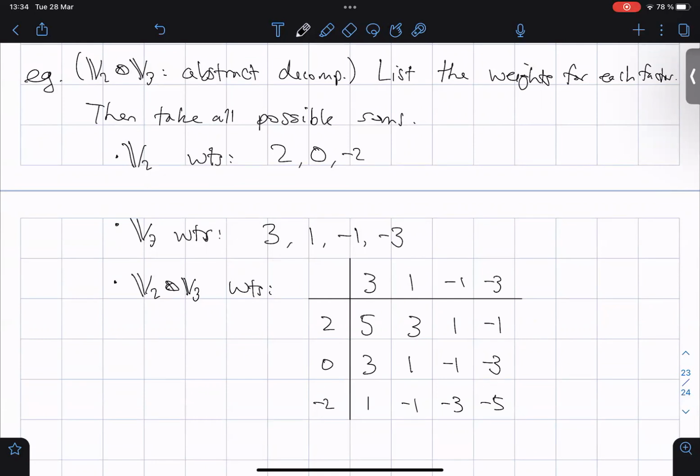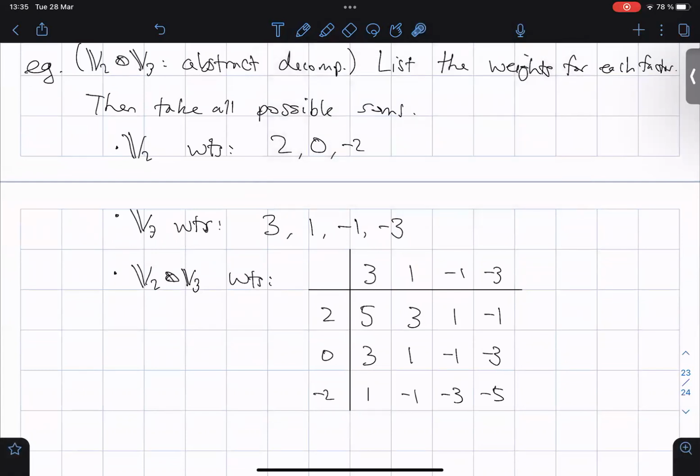Inside V2 tensor V3, let's just double check. V2 has dimension 3. V3 has dimension 4. So 3 times 4 is 12, and we have here 12 eigenvalues, all possible sums.